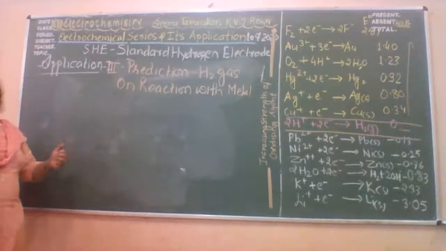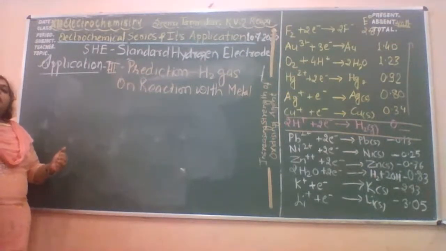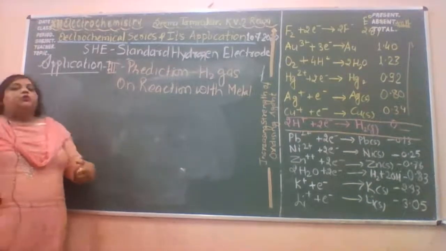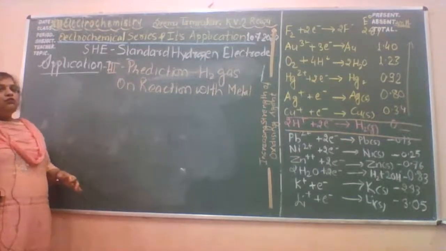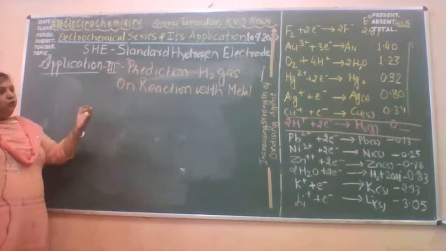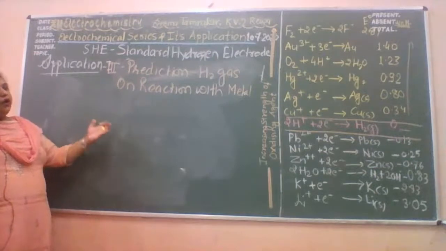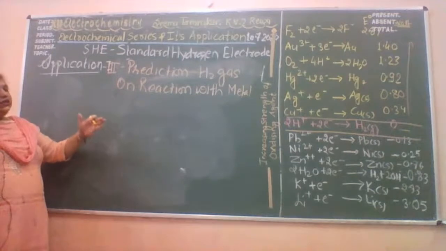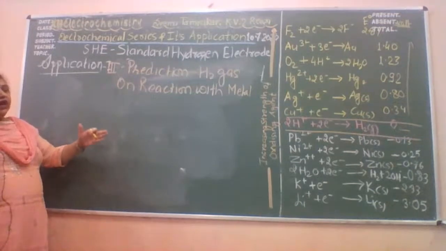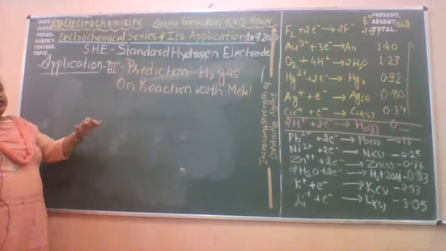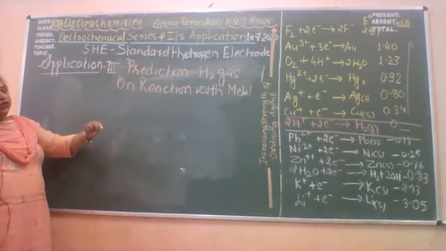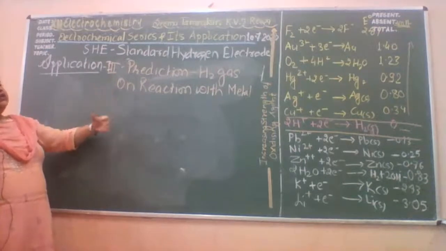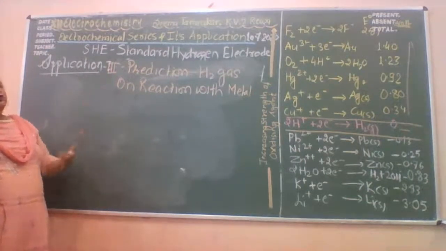The second application that you have studied was about the construction of a cell and its output in terms of electromotive force, on the basis of the values and on the basis of the position, right? By the position, the element that is located at the lower side, at the inferior position, will behave as anode, and the electrode with the superior position as cathode.